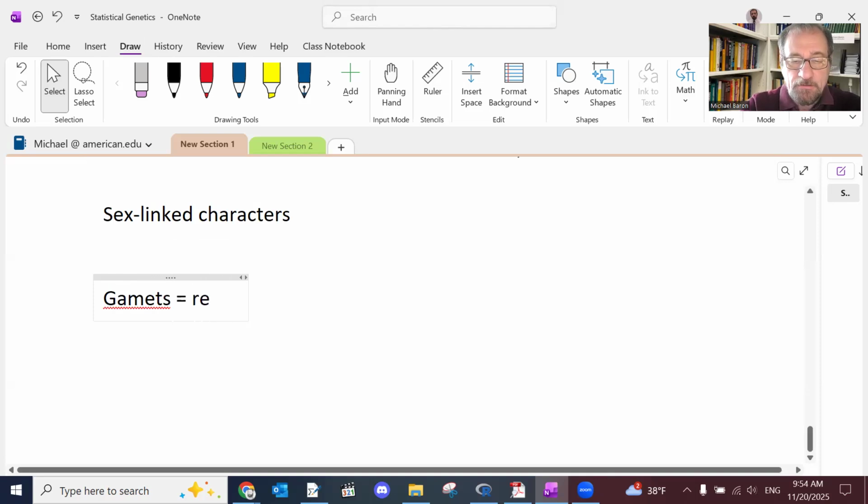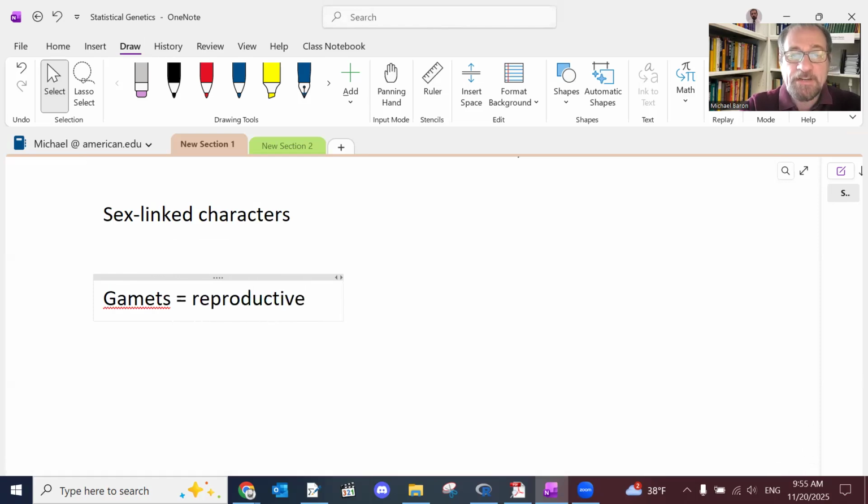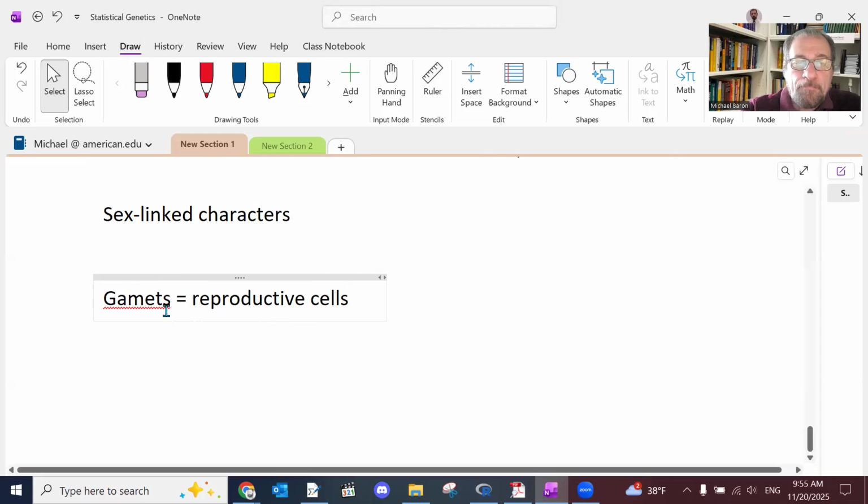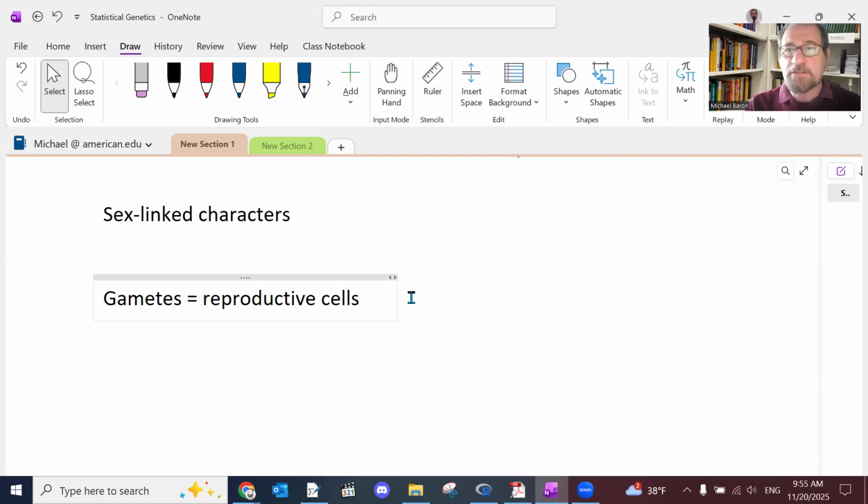Gametes are reproductive cells. We are used to having pairs of chromosomes. I just told you that chromosomes come in pairs, and that's why we have pairs of genes.